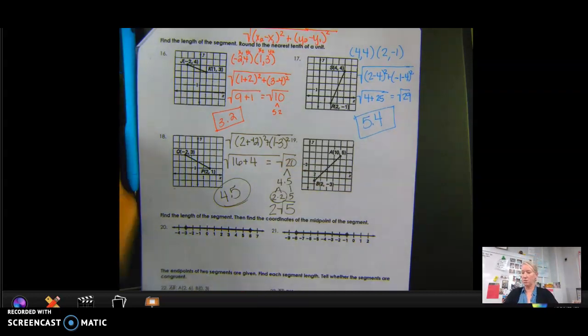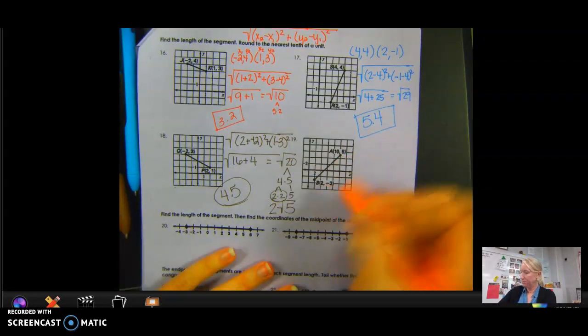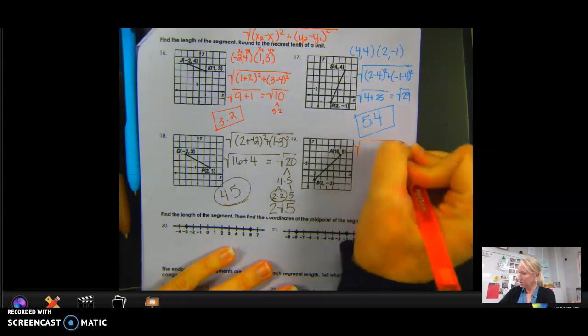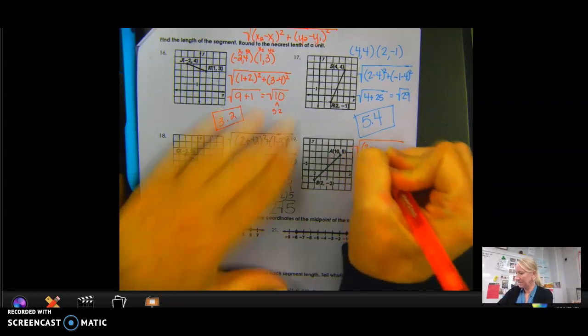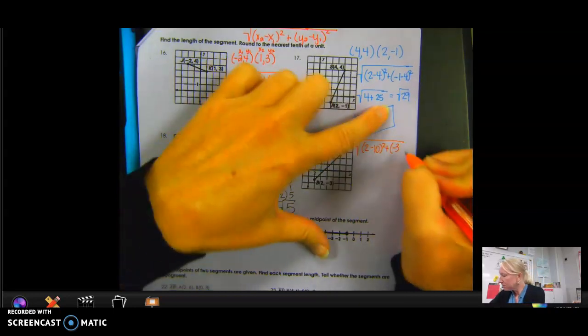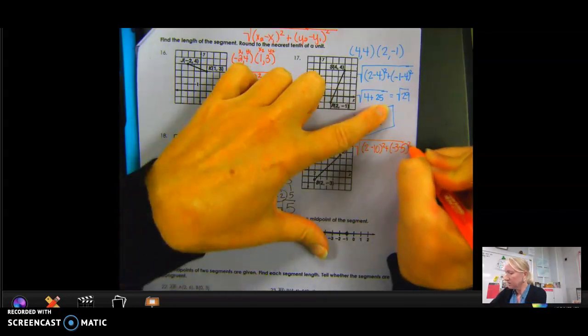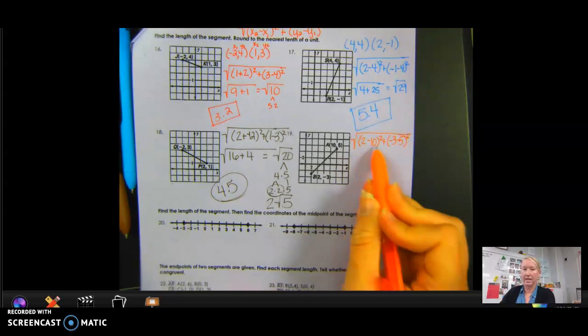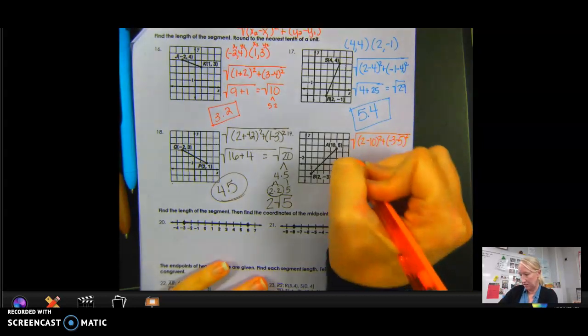All right, one more. Point 1, point 2. So big square root symbol, x2, 2 minus 10 squared plus negative 3 minus 5 squared. 2 minus 10 is negative 8. Negative 8 squared is 64.